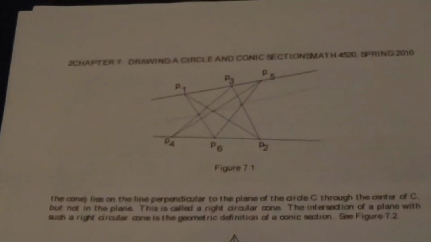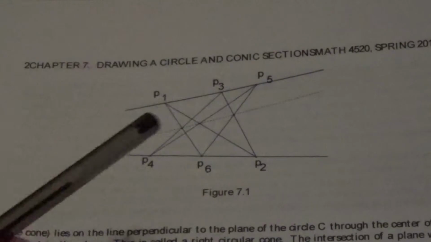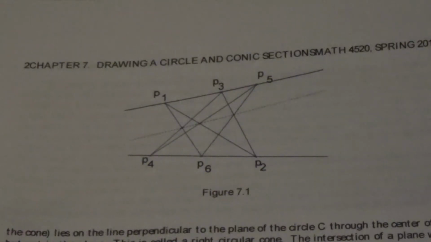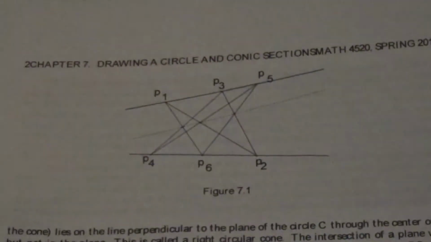But if we would like to see a different kind of image to describe this, then we can see it in figure 7.1. So we can call this a point hexagon, simply because there are 6 points in a plane. In this case, it's a somewhat specific kind of hexagon because we have them lying on 2 distinct straight lines.